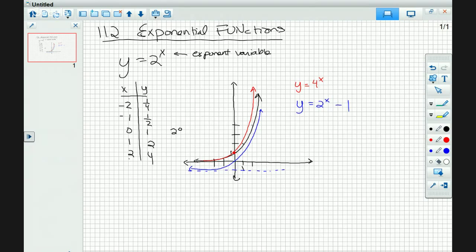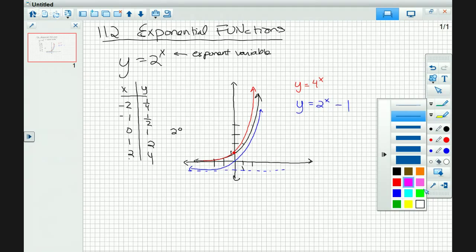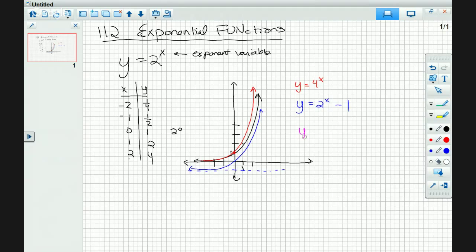And how would I move it left or right? Any ideas? What do you pair a number with to move it left or right? With the x, right? So if I did this, which way is it going to move? Left 1. Right.